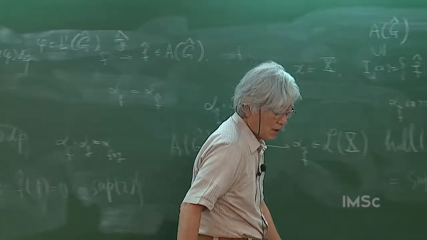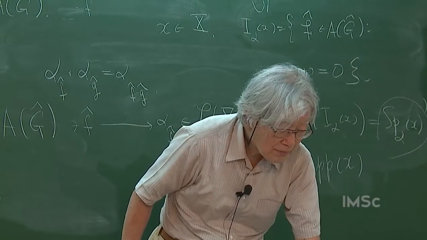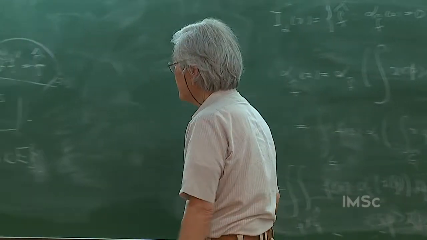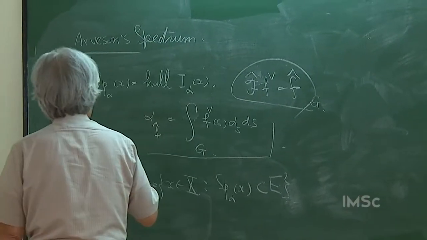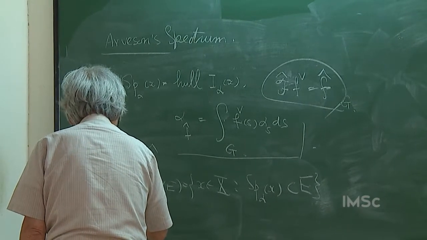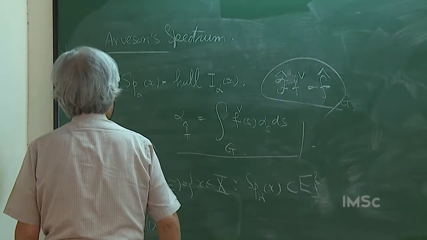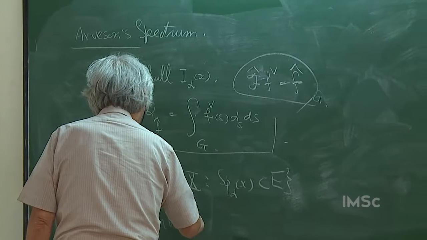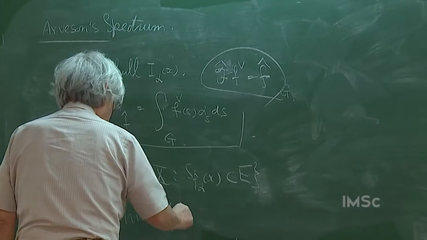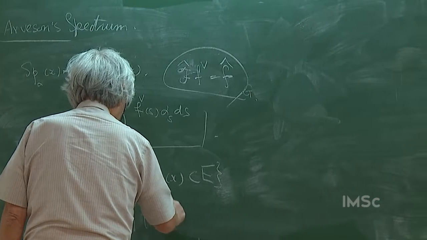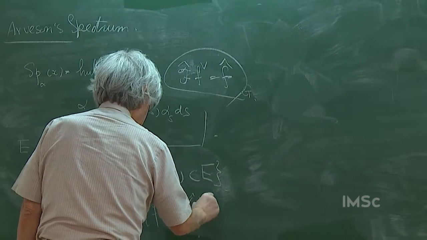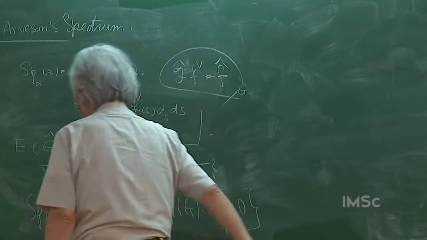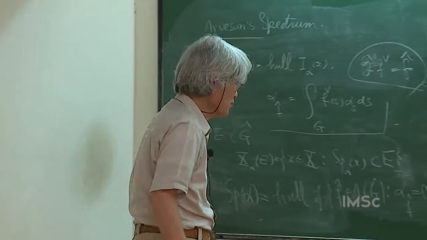Okay. Now the spectrum of alpha is the hull, the zero-point set, of the set of f hat in G hat such that alpha f hat equals 0. This is called the Arveson spectrum.